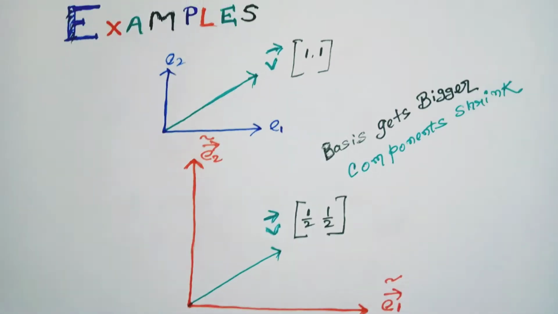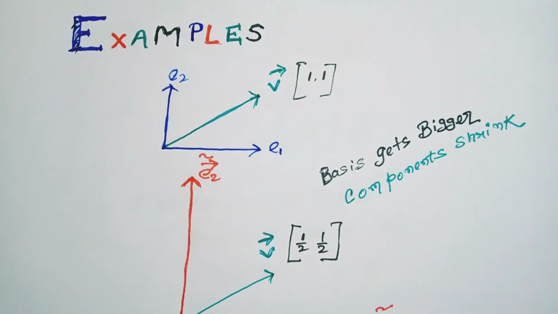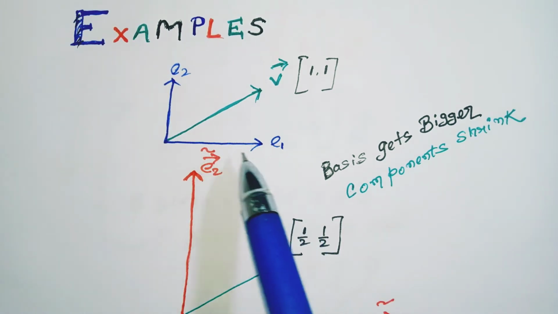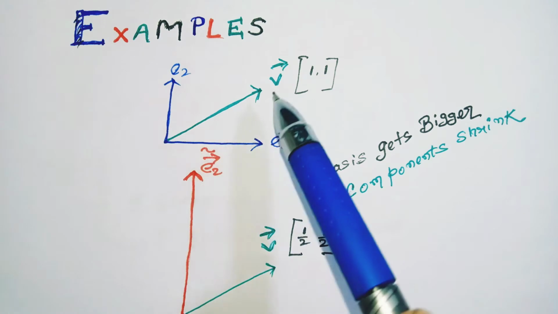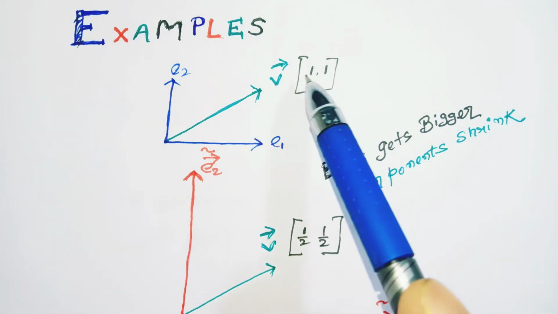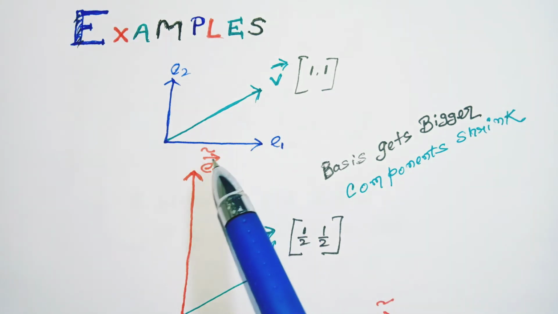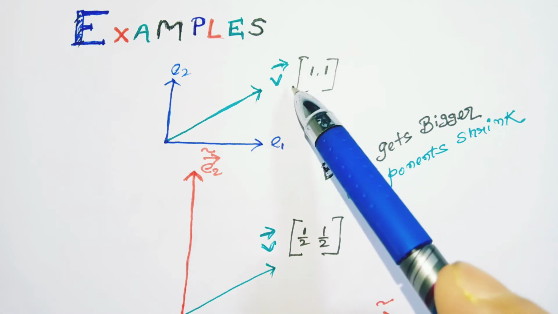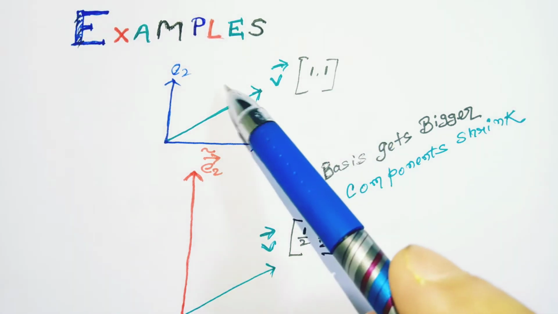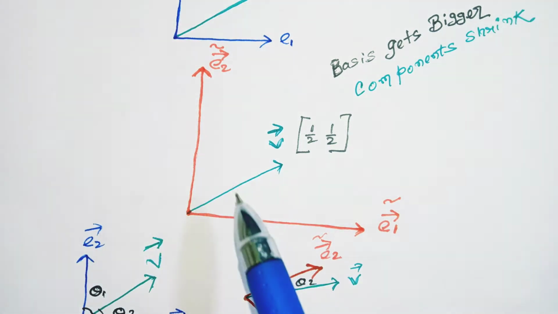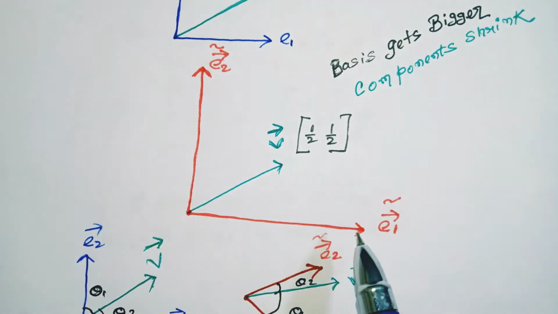We have also seen this one, so I just thought to give you a better idea. This is an example. So you see these are the basis vectors E1 and E2 in blue, and we have drawn V, which is the vector, and it is given by the values 1 and 1, right? This is almost 1. So I have written the components of vector V as 1 and 1 because the length is almost 1. Now what I have done is that we have increased the size of the basis vectors.